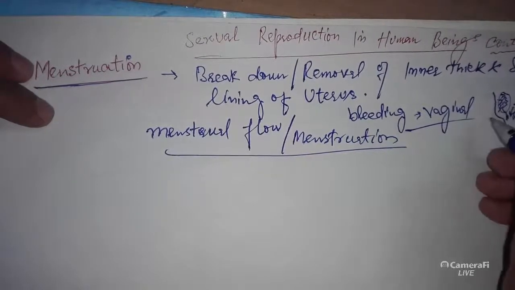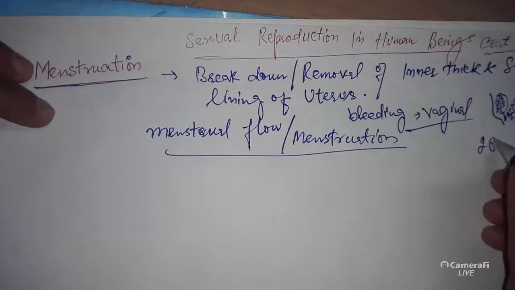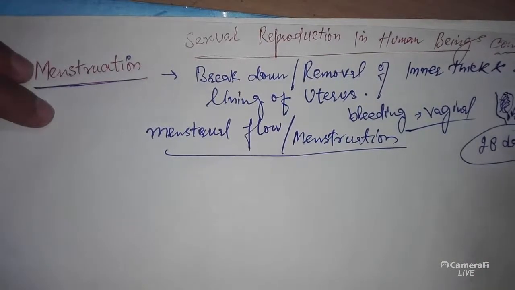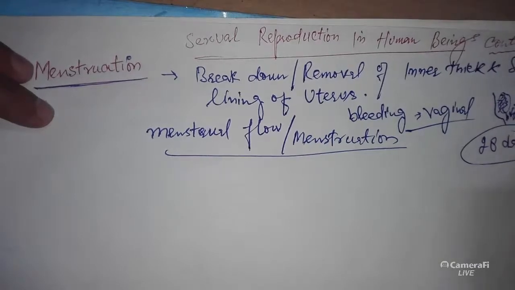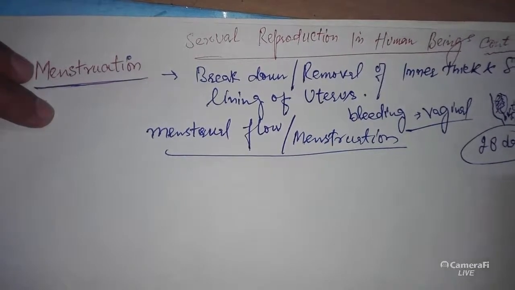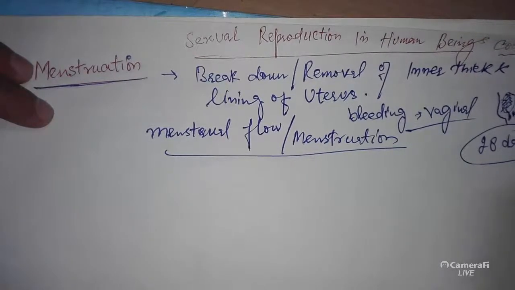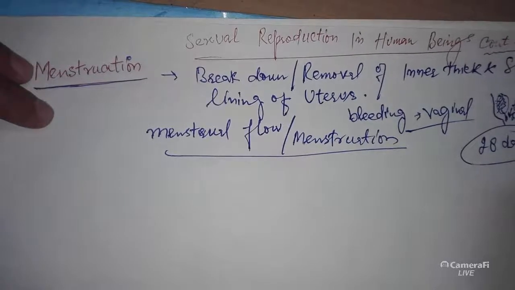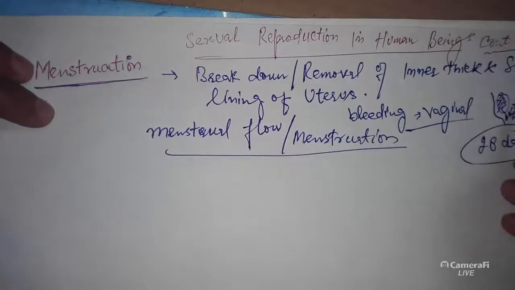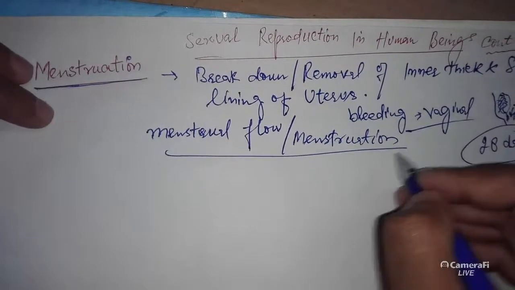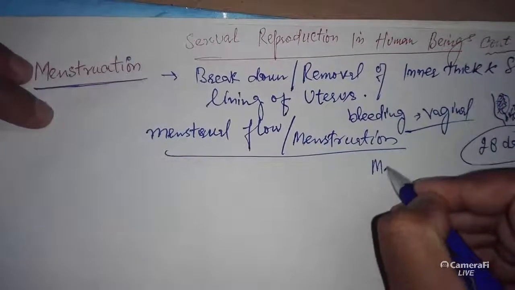After about every 28 days, similar to 1 month, that is 30 days in a woman, this flow takes place. This is called the menstrual cycle.